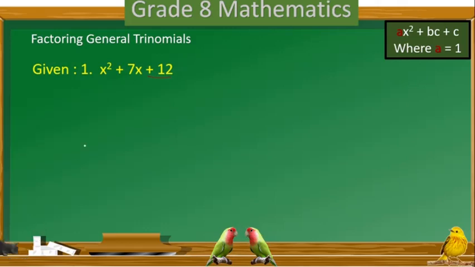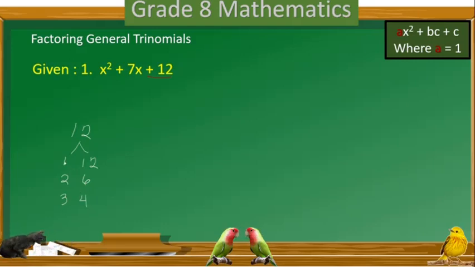So all you have to do is look for the factors of 12. We all know that the factors of 12 are 1 and 12, 2 and 6, and 3 and 4.